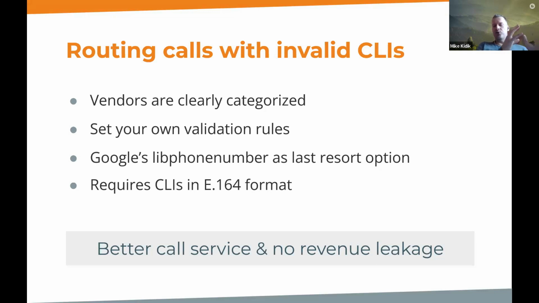So we recommend using dialing rules to convert CLIs into E164 and have the system process the call. If you need that CLI to be in a local format when you send the call outside of your network to a particular vendor, then you can use translation rules on the vendor connection to convert the CLI back to the format that vendor requires. That would be the proper way of handling CLIs.